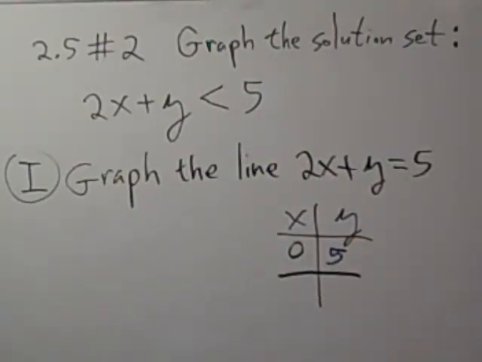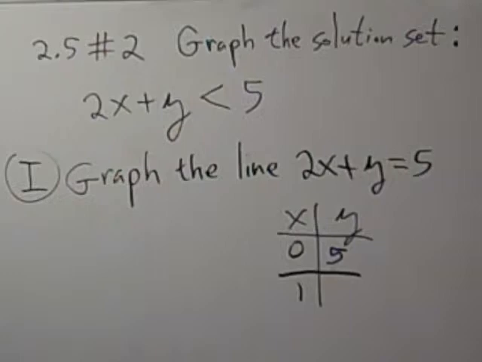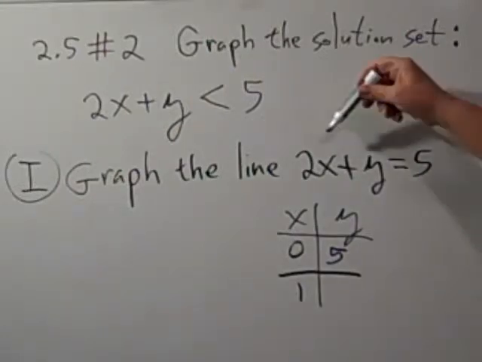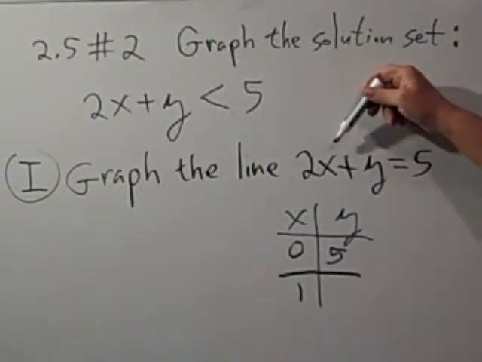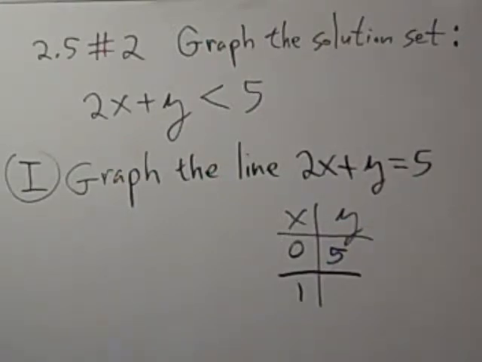Now if I plug in y equals 0, x will be a fraction, so let's just plug in x equals 1 and see what happens. If x is 1, then 2 times 1 is 2, so the question becomes 2 plus what equals 5? And I'm sure you realize 2 plus 3 equals 5.